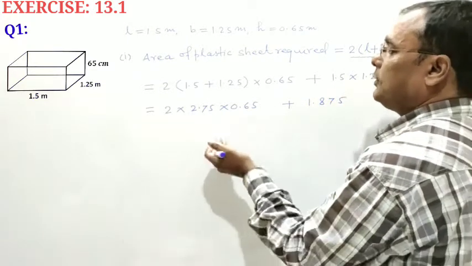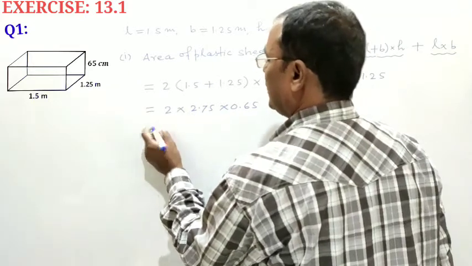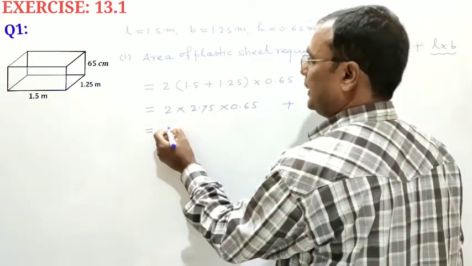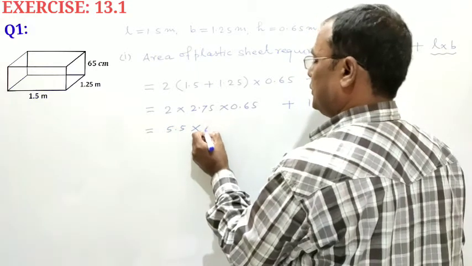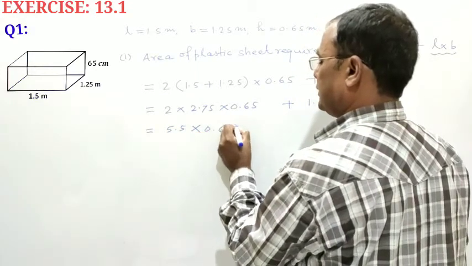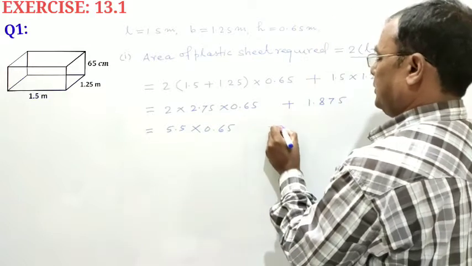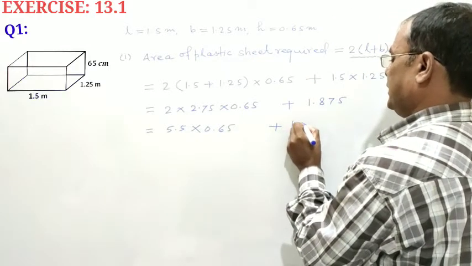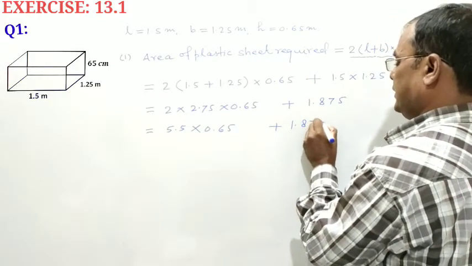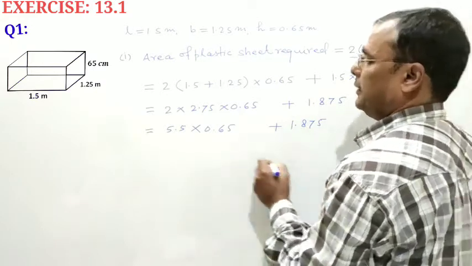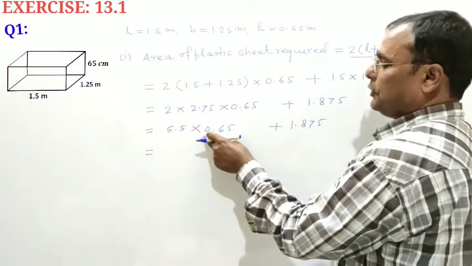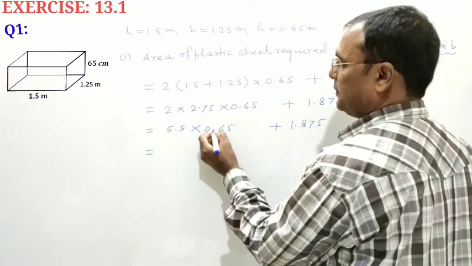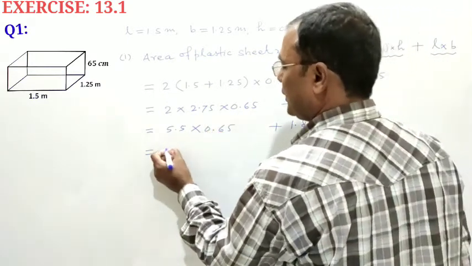1.5 into 1.25 is 1.875 meter square, the unit I will write at the end, and 2 into 2.75 is 5.5 into 0.65 plus 1.875.